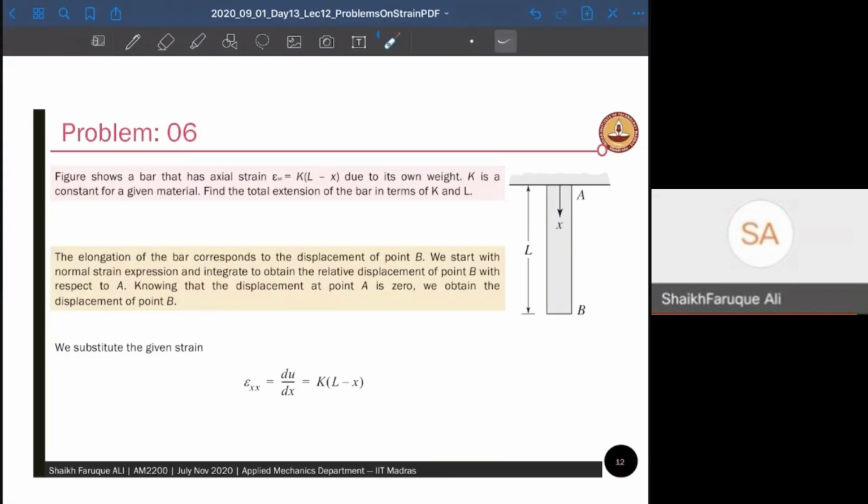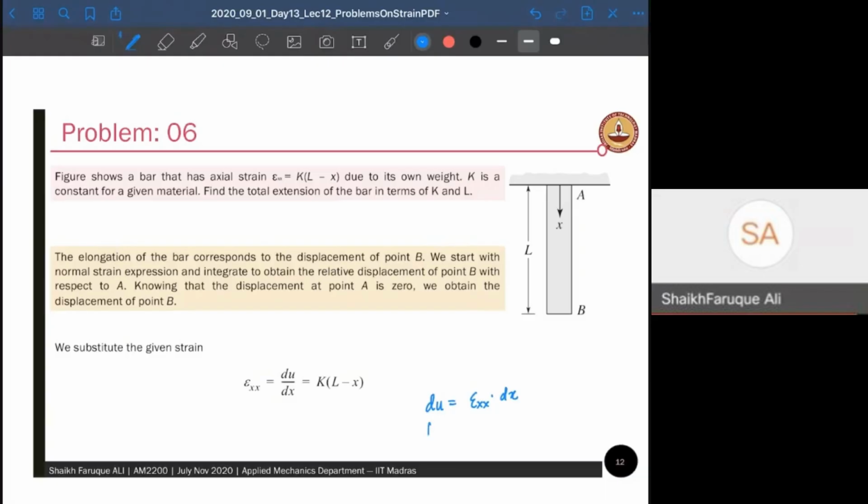Now let's look at how you do it. For me, I have been given epsilon xx, which is nothing but k into L minus x. Now what is deformation? Deformation is u, and du by dx is given as epsilon xx. So if I integrate, I get du equal to epsilon xx into dx.